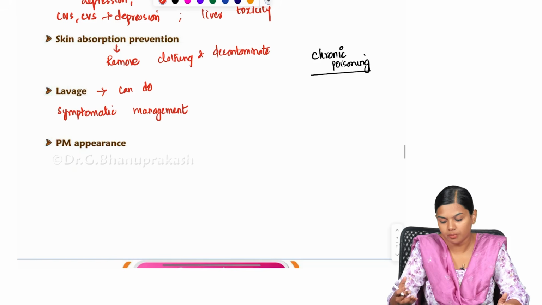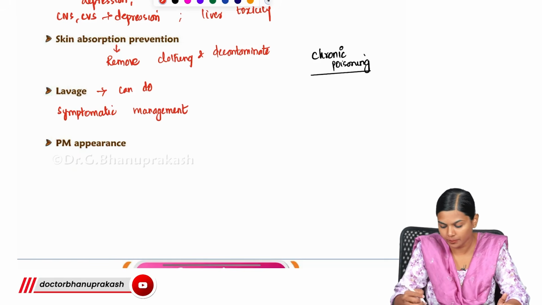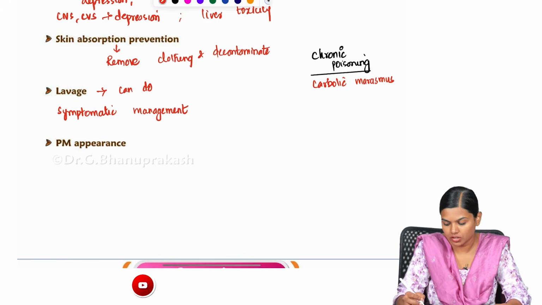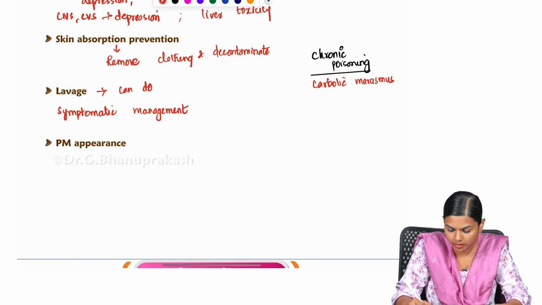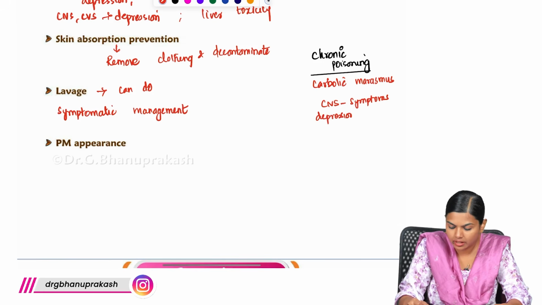Chronically, if people are getting exposed to phenol, we call it carbolic marasmus. In such a condition, they will be experiencing CNS symptoms because of CNS depression. It will depress the activity of the brain.